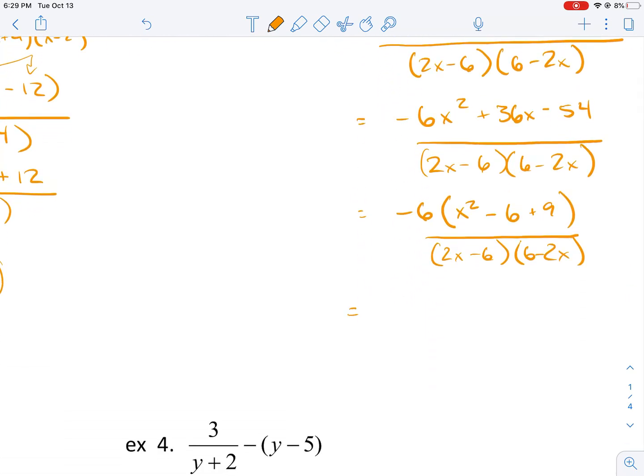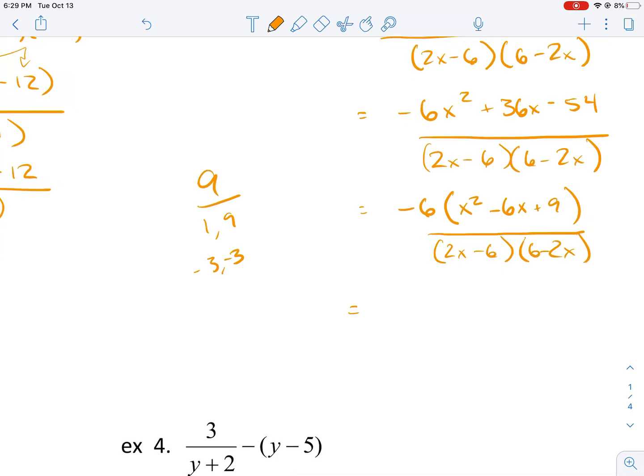All right, so let's think about this. I keep forgetting that x in the middle. Minus 6x. So, think about the factors of 9: 1 and 9, 3 and 3. But how can I get a negative 6 out of any of those numbers?